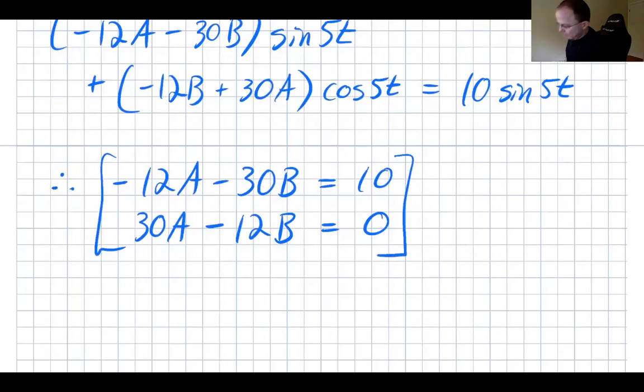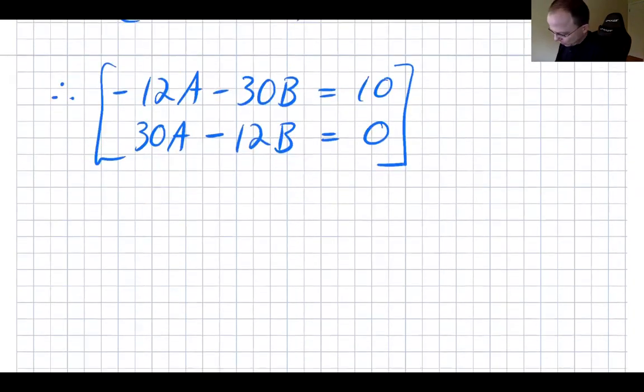And maybe this looks like it's going to be quite the headache to solve by sort of solving for one variable and substituting into the other equation. So why don't we try using Cramer's rule for this? I think Cramer's rule is going to make our lives easier. So let's do Cramer's rule.